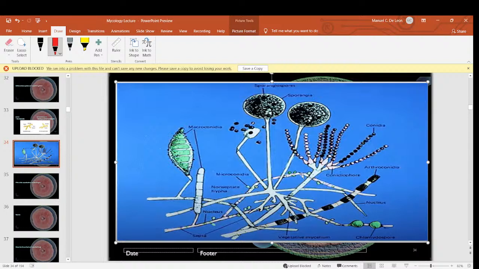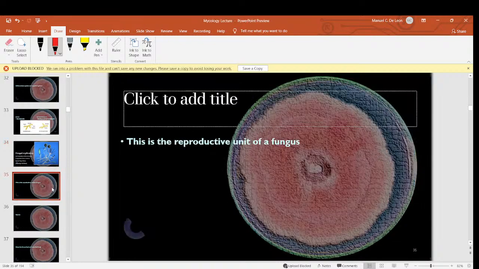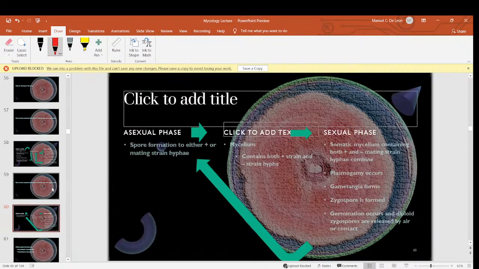So it's very easy for you guys to differentiate. Macro means it's a large structure. Micro means it's a small structure or small pockets of reproductive spores. Okay.